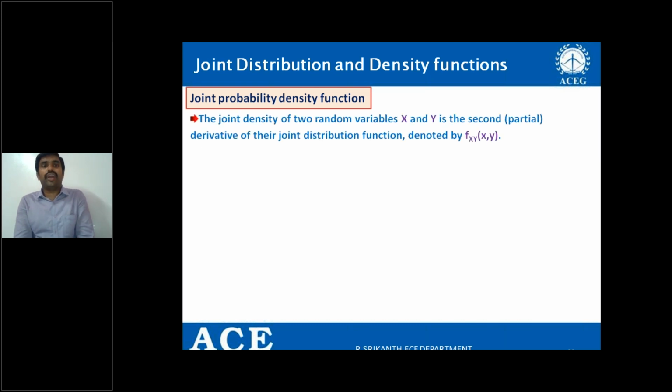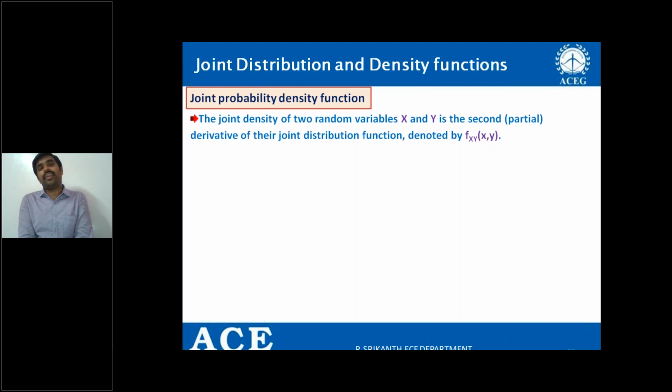So here, the joint density of two random variables x and y is the second derivative. We know the relation between density and distribution, as discussed in the single random variable case. There, the differentiation of the distribution function gives the density function.